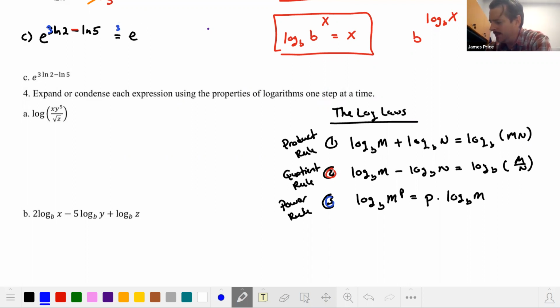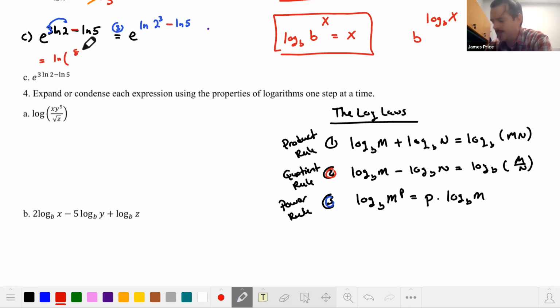By rule 3, that power rule, that exponent can go back up here. So we get ln of 2 cubed, and then minus ln of 5.